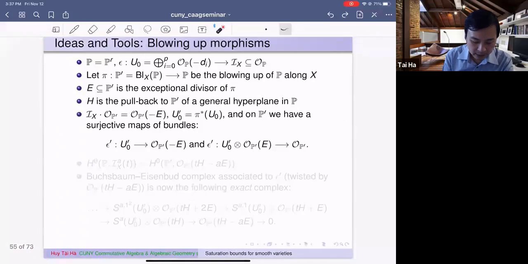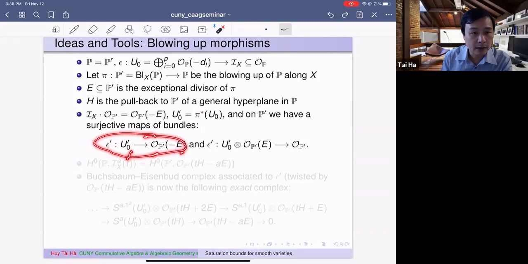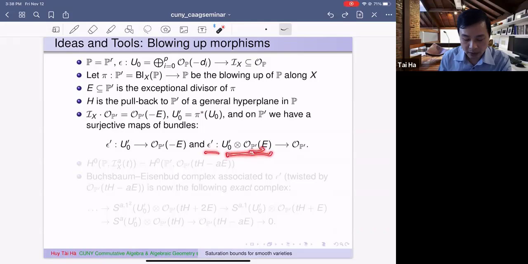Let E be the exceptional divisor of this blow up, and H be the pullback of a general hyperplane in P. Then in this case, I_X times O_P' is just O_P' twisted by negative of the exceptional divisor, and we can pull back this sheaf U0. So this map, if we pull back, is going to give us this map epsilon prime from U0 prime to O_P' twisted by negative E. If you twist by E, you basically get epsilon prime being a map from U0 prime tensor O_P'(E) to O_P'.